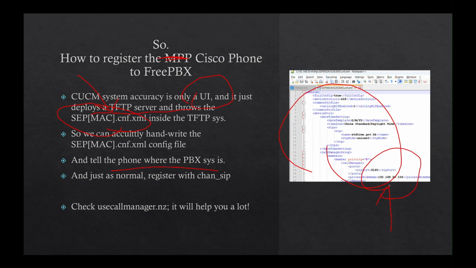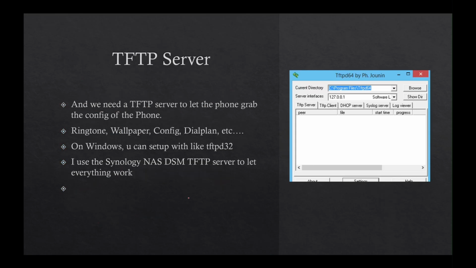Here is my FreePBX IP address, and the phone just registers normally. The phone doesn't know it's not CUCM; it just thinks it's talking to its usual server. Please check this website, which you can find online, as it will help you a lot while writing your config file. We also need a TFTP server to allow the phone to grab config, wallpaper, ringtone, dial plan, or anything else.